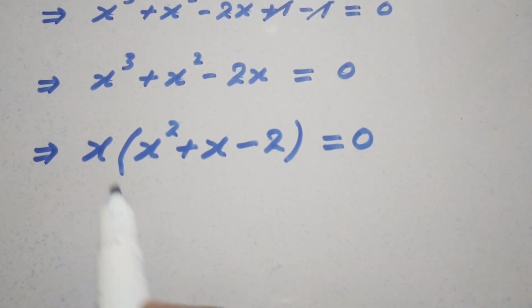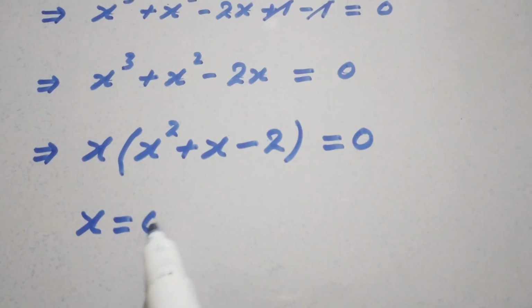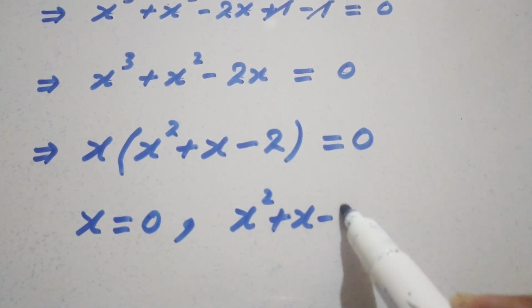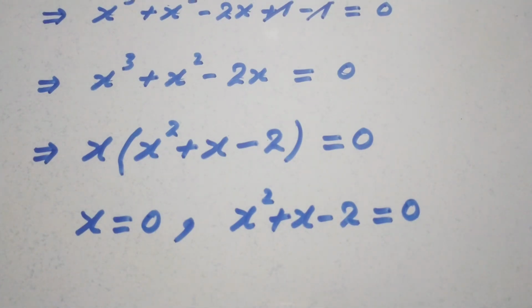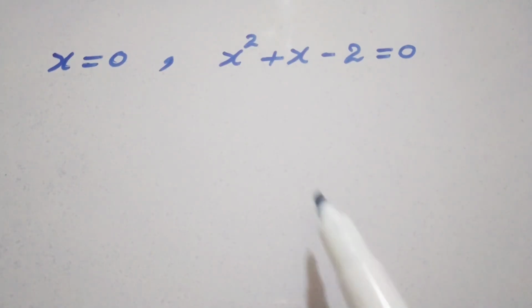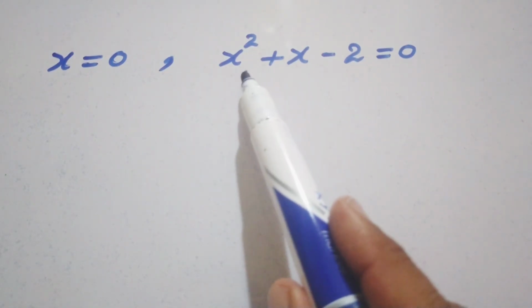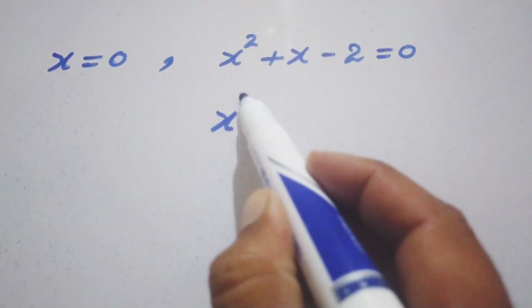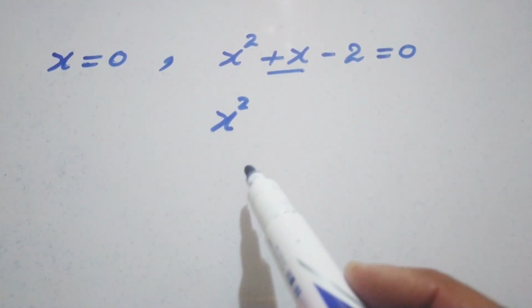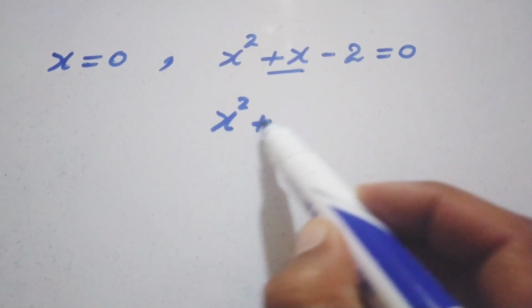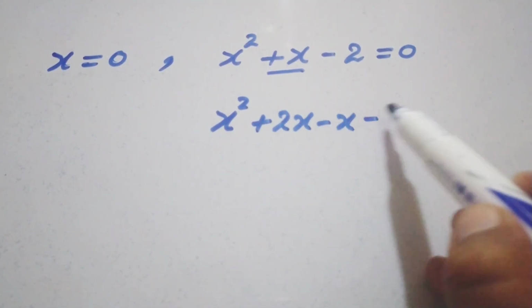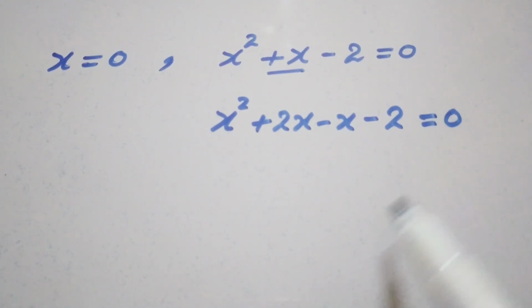Now by using zero product rule we get x is equal to 0 and x squared plus x minus 2 is equal to 0. Here this is a quadratic equation in x, so we can solve this by factorization method. X squared plus x minus 2, we can write this as x squared plus 2x minus x minus 2 is equal to 0.